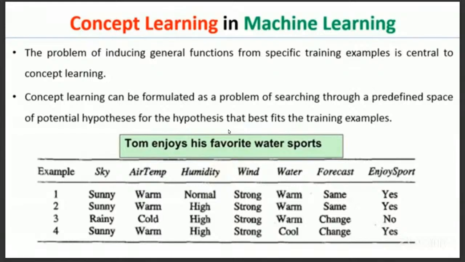The sky should be sunny, the temperature cool, the humidity normal. If humidity is high, what happens? You sweat. The wind should be normal, and the forecast same as the current temperature. Now given those values, will you enjoy playing cricket or not, yes or no? So with these, you need to train a machine learning algorithm.